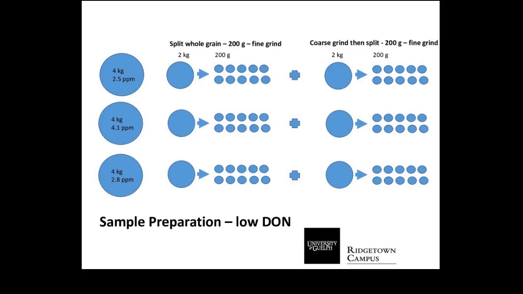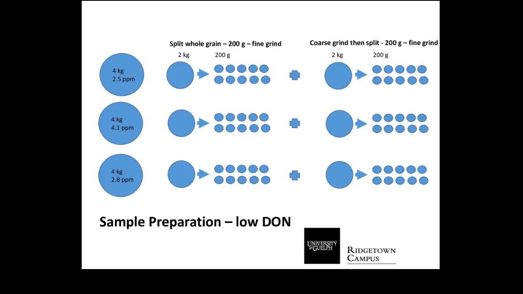If you look at the circles on the left, 2.5, 4.1, and 2.8 parts per million, more or less a relatively low level. And what we did is we divided that 4 kilogram sample into two 2 kilogram samples. So those are the next size down circles on the right and the left in 2 columns. So you can see the 2 kilogram and the 2 kilogram.